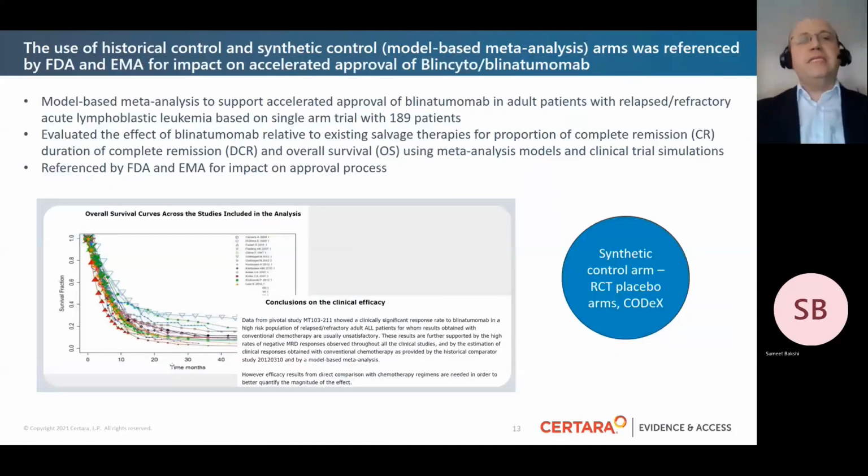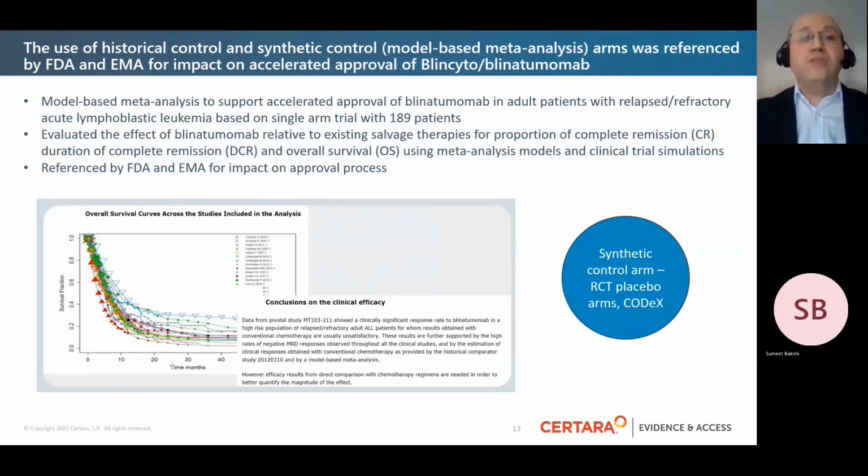To continue the success story of Blincyto, maybe not all of you know, but the application package contained not only a historical control arm, but also a synthetic control arm, which was actually developed by us via model-based meta-analysis.